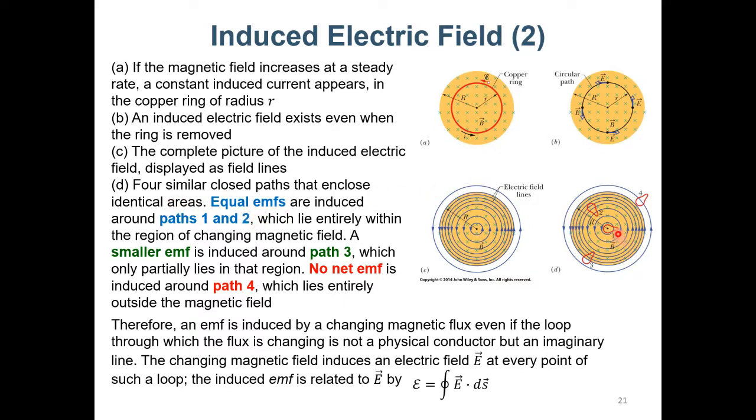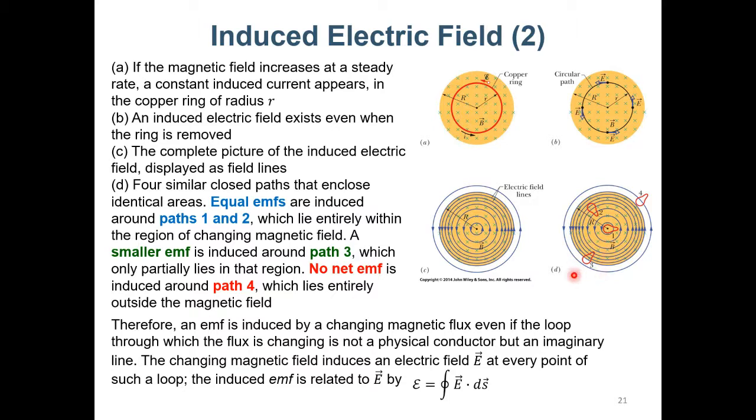And you can see that for similar closed paths in the same area, path 1 is here, path 2 is here, they lie entirely within the region of changing magnetic field. A smaller EMF is induced around path 3. So the induced EMF for path 1 and path 2 are the same.